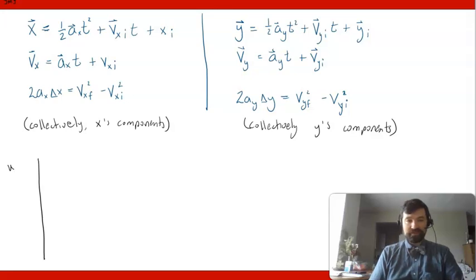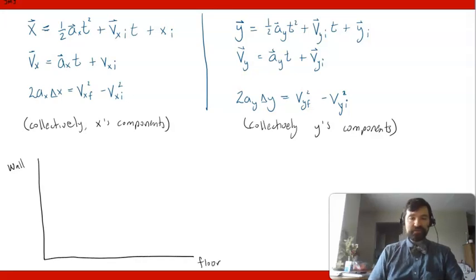So this would be the wall, and over here would represent the floor. And again, you have your object moving across the room, maybe like an object that's been tossed and lands on top of a shelf, something like that.